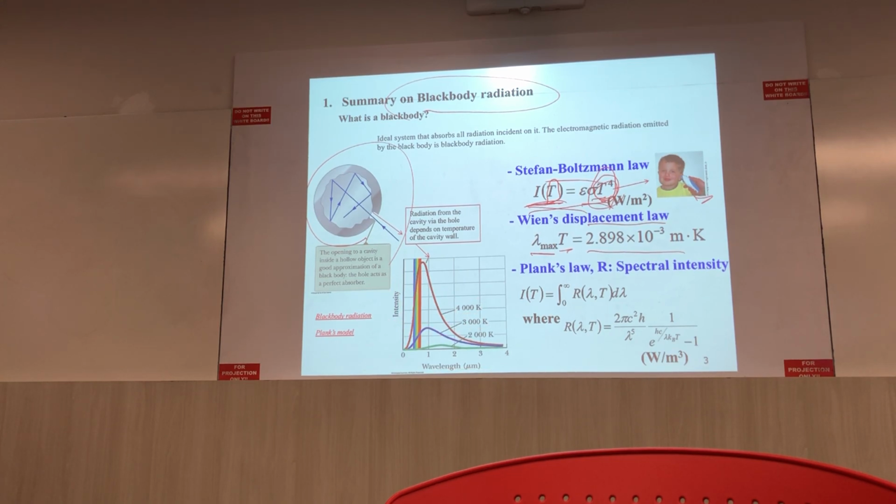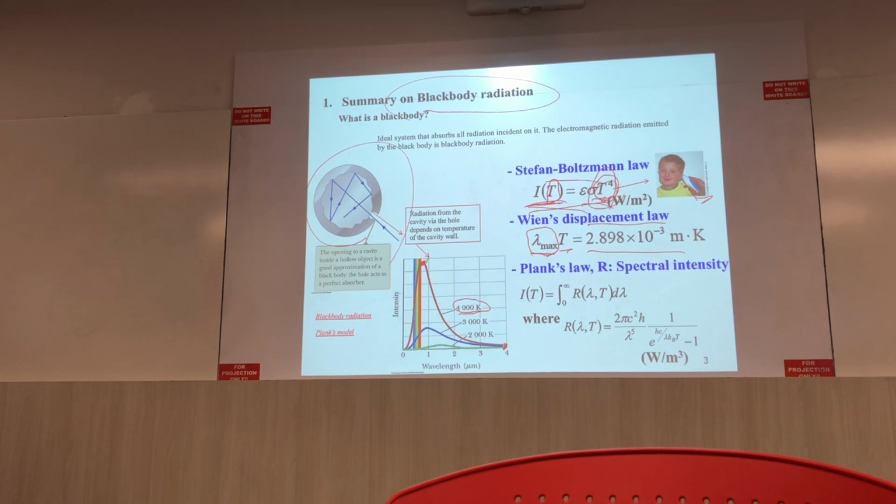If I use this diagram again, let's have a look at this 4,000 Kelvin, and we want to find this wavelength maximum. The wavelength maximum can be the wavelength at the peak intensity or the longest wavelength in the curve.